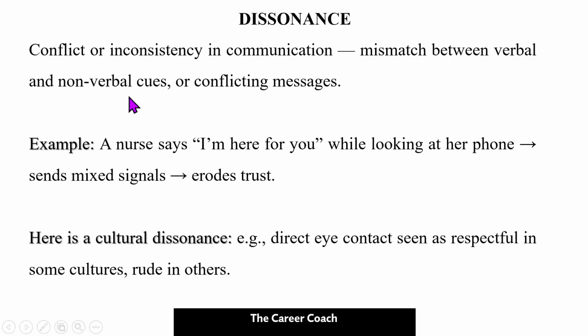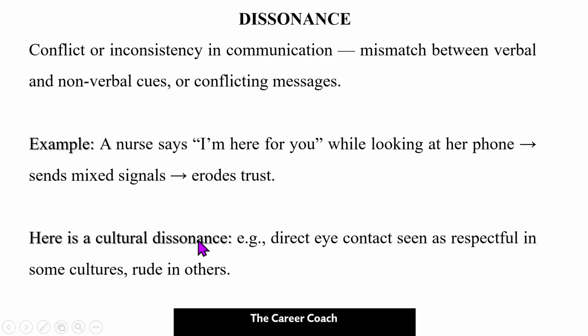The next thing we'll look at is dissonance. Dissonance is conflict or inconsistency in communication, leading to mismatch between verbal and non-verbal cues or conflicting messages. For example, a nurse says, "I'm here for you," while looking at her phone. This sends a mixed signal to the patient and could erode trust for the nurse.